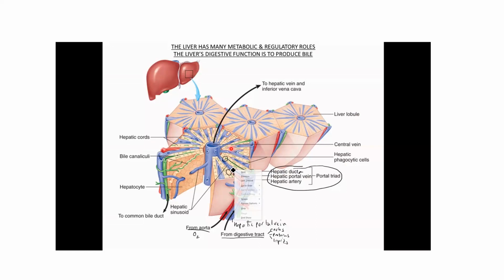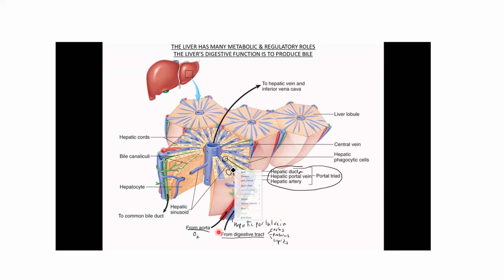Liver cells they act on this blood عشان يعملوا detoxification. آخر شيء الفلو هذا بيصب الcentral vein والcentral vein to the hepatic vein and the inferior vena cava to go to the systemic circulation later on.